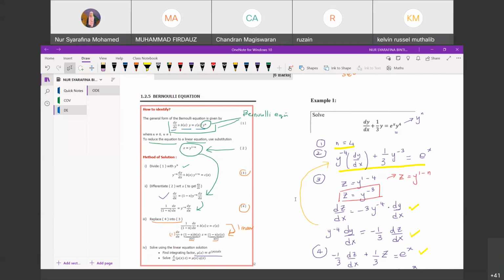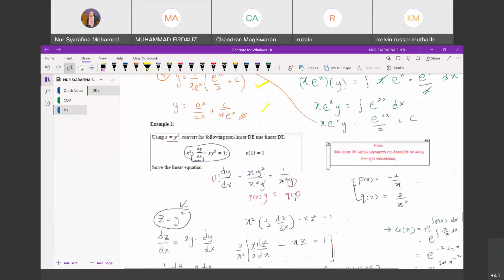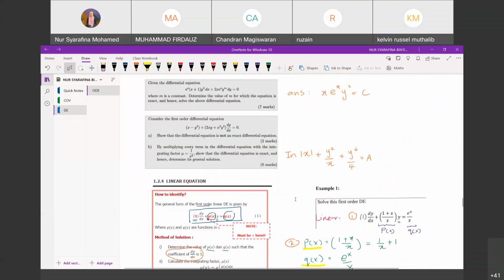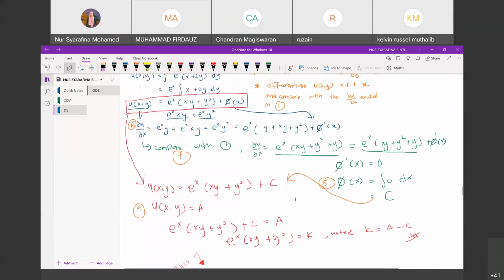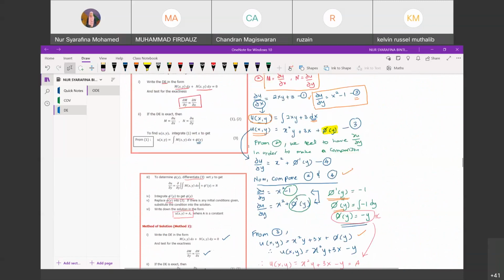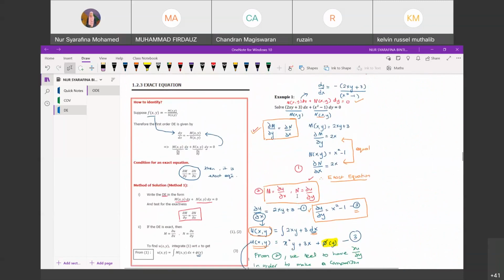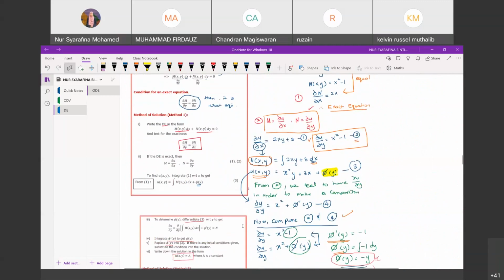Okay, and then for the z equation, there are two methods of finding the solution. So this equation is quite not related to other types, but it is doable, right? By using the differentiation process where you have to find the solution for u.